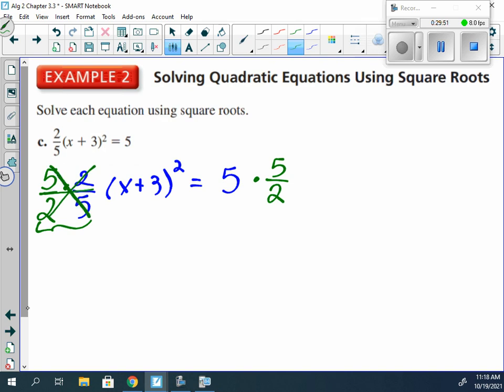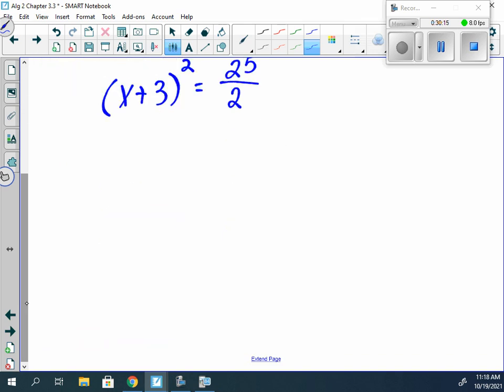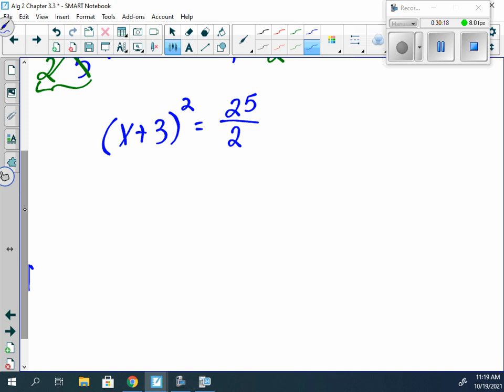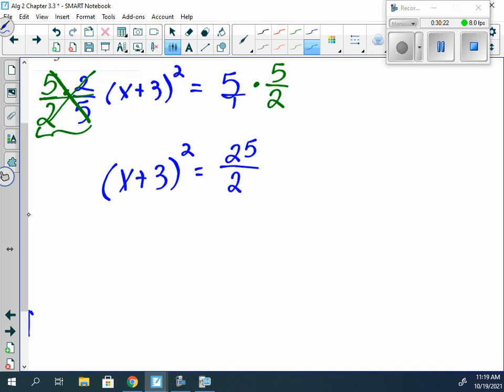This is gone, just leaving us with x plus 3 squared equals, well, the 5, we can realistically think of it as 5 over 1. So the 5 and 5 would multiply together to give me 25 over 2. Any questions on any of this here?